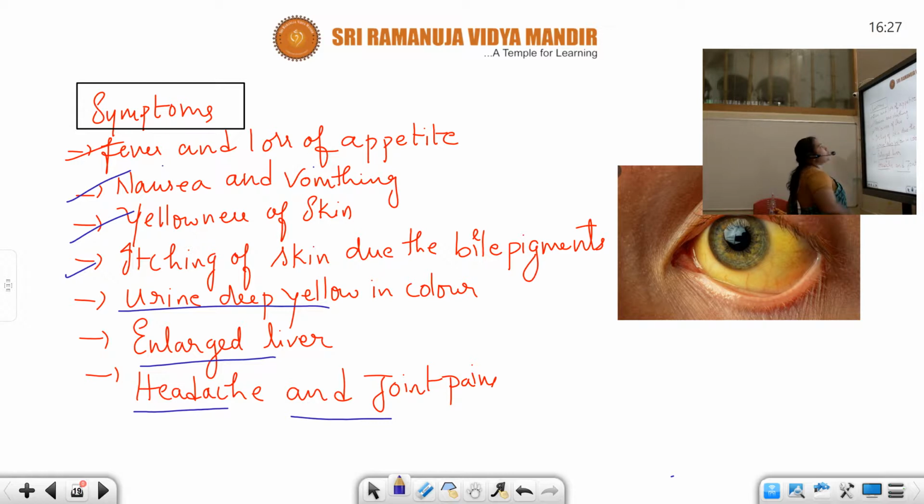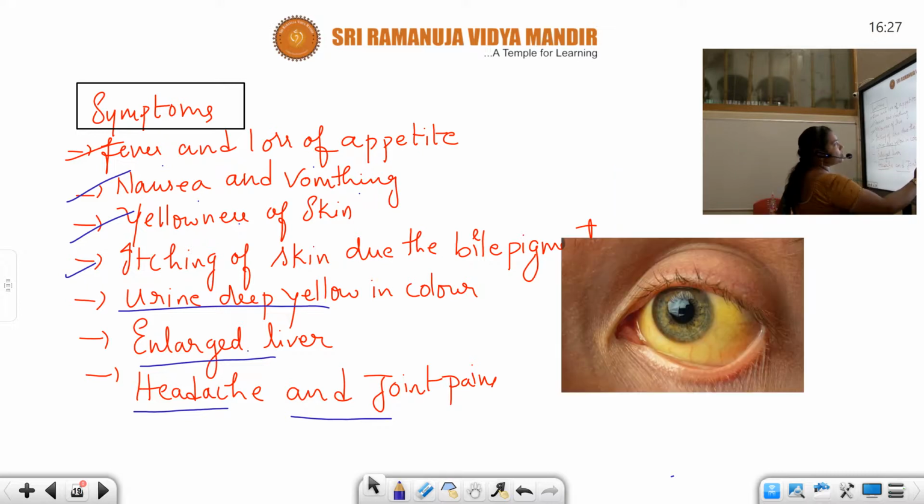Fever, loss of appetite, nausea and vomiting, yellowness of the skin, itching of the skin due to the bile pigments, urine deep yellow in color, enlarged liver, headache and joint pains are generally observed symptoms.